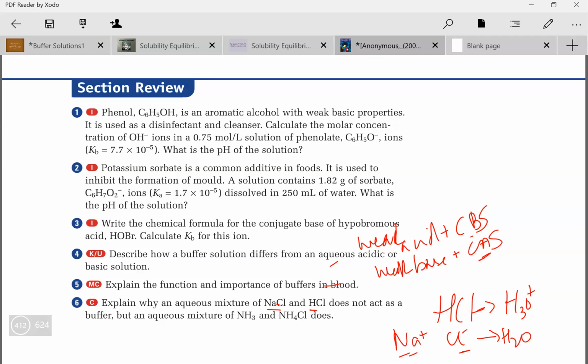You won't have that situation, and therefore this does not act as a buffer. That was kind of easy, just because you don't have an equilibrium that can shift back and forth when you have strong acids and bases.